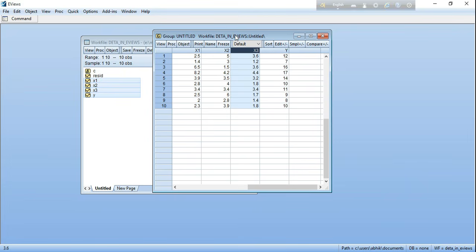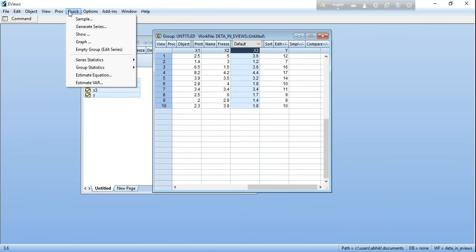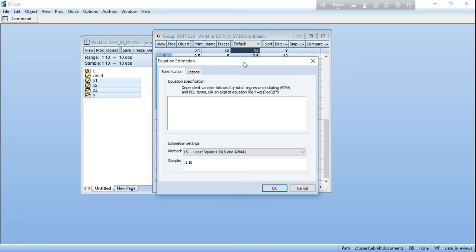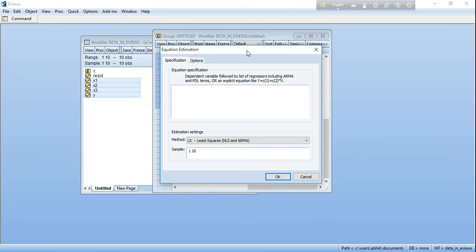To run the regression in Eviews, we have to click on the Quick option and then click on Estimate Equation. And the rule here to run the regression model is that at first you have to write the name of the dependent variable, which is y for my model.